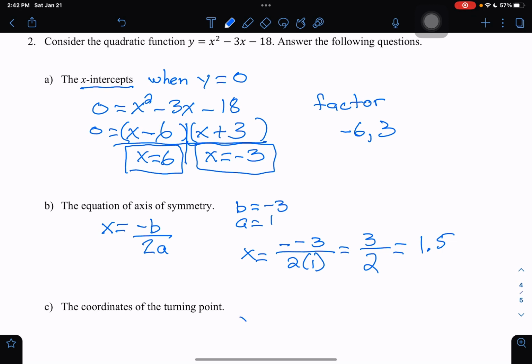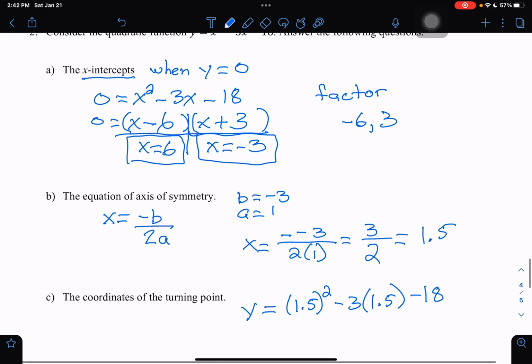So that's why they do it. So y is equal to 1.5 squared minus 3 times 1.5 minus 18. If we put all that in, we get y equal to negative 20.25.